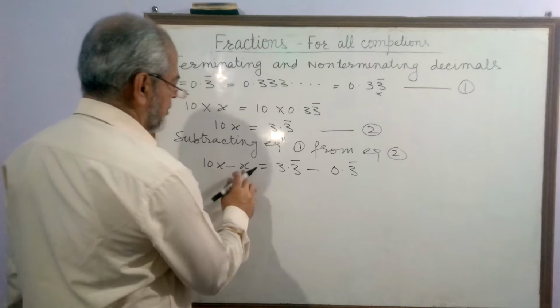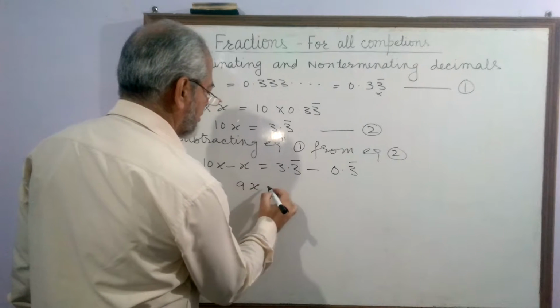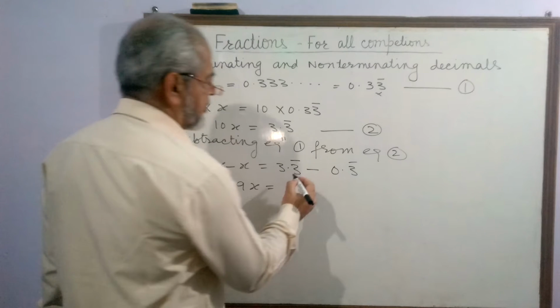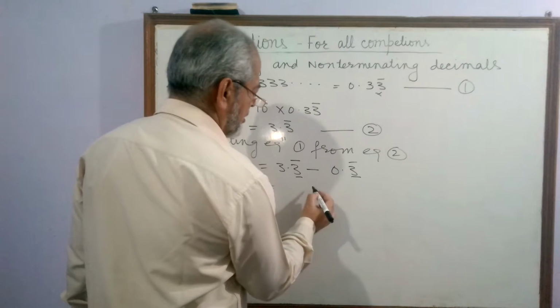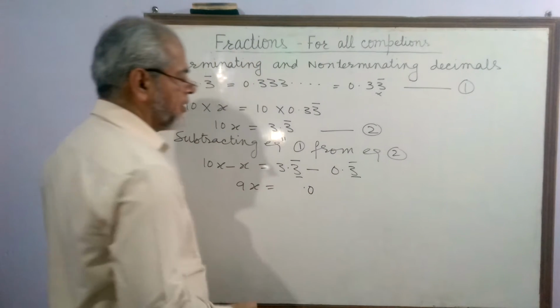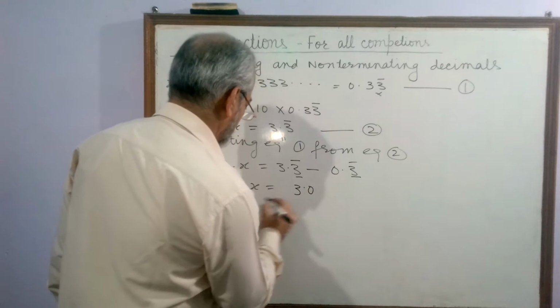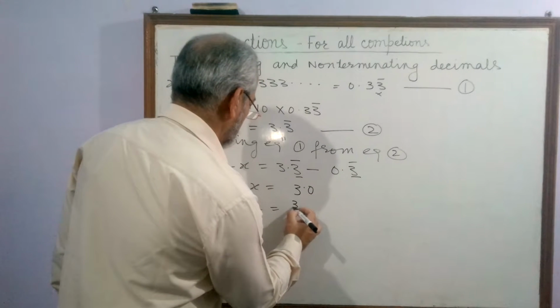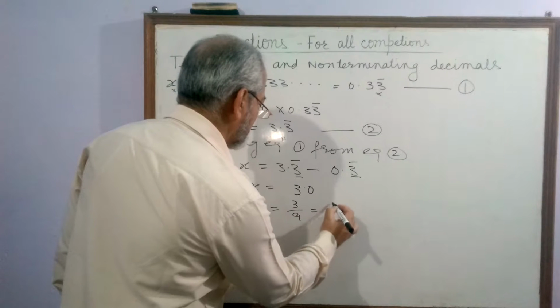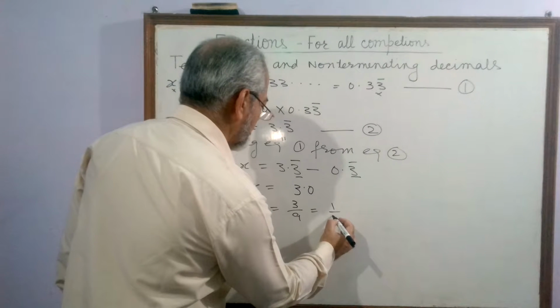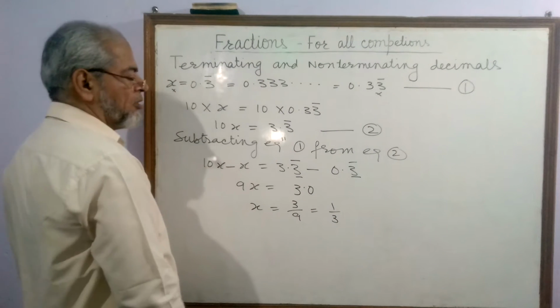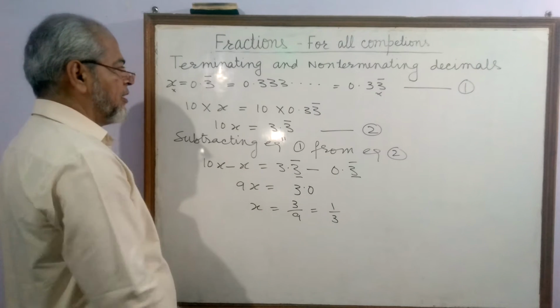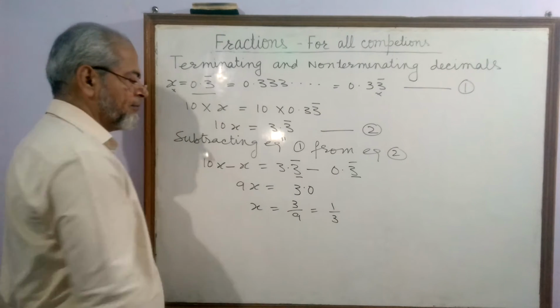So 10x minus x is equal to 9x, and after the point we have the same number, so you get 0 after the point. 3 minus 0, 3. So x is equal to 3 upon 9, which can be reduced to 1 upon 3. So when we divide 1 by 3, we will get this number.